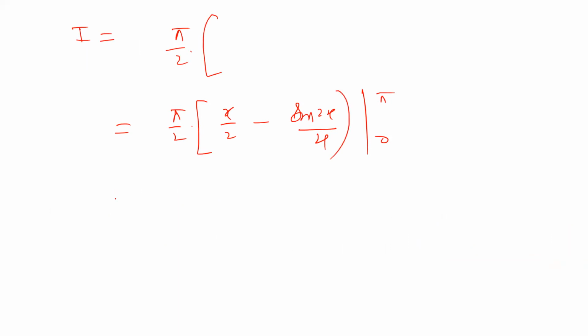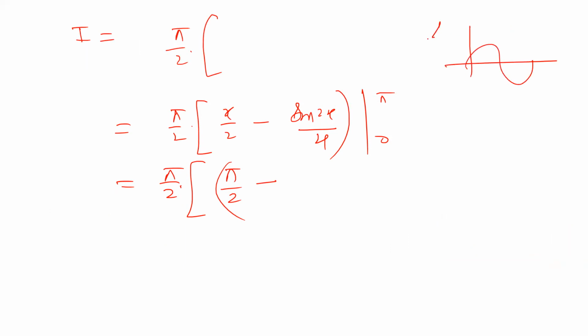So let us see. We apply the upper limit. So sin 2 pi by 4, sin 2 pi, we have seen earlier also. This is my sine graph. This is x. This is my value pi by 2, this is 0. This is my pi, this is my 2 pi. This is a periodic function. This is minus 1. Sin x has a range minus 1 to 1, and at 2 pi we'll get the 0 value.